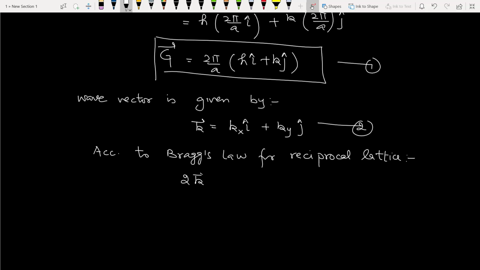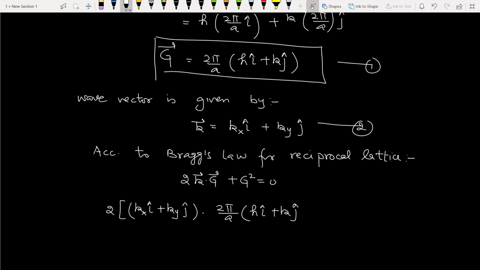According to Bragg's law for reciprocal lattice, 2 k dot G plus G square is equal to 0. So it is 2 (kx i cap plus ky j cap) dot 2 pi by a (h i cap plus k j cap) equal to minus G square.